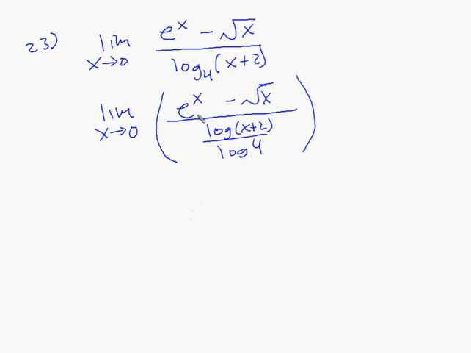So using your calculator, if we replace x with 0, e to the 0 is going to be 1, because anything to the 0 power is 1, minus the square root of 0 is still 0, all over the log of 0 plus 2, so what's the log of 2? 0.301.